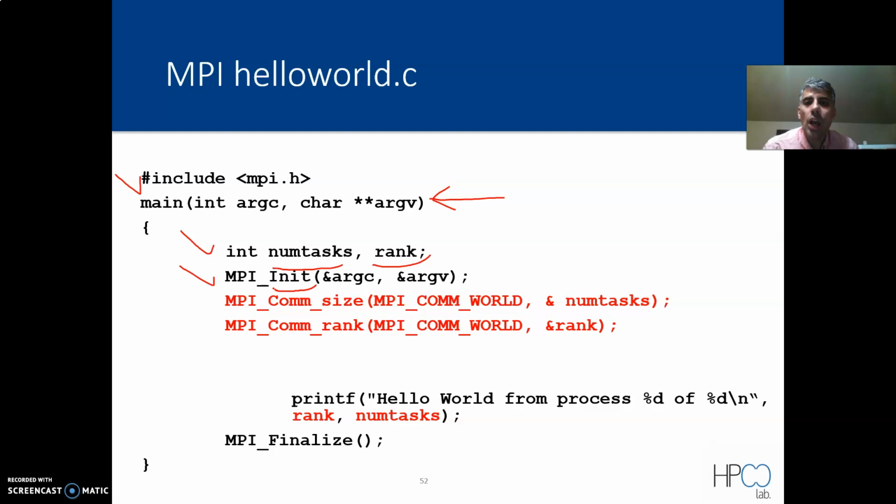So MPI init provides us with one default communication network, known as MPI comm world, as you can see here. You see MPI comm world very often in MPI, and that is the default networking, or communicator as it's called in MPI.